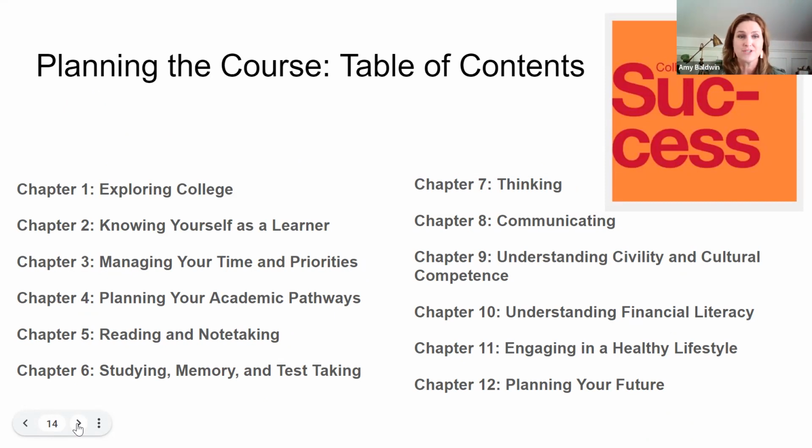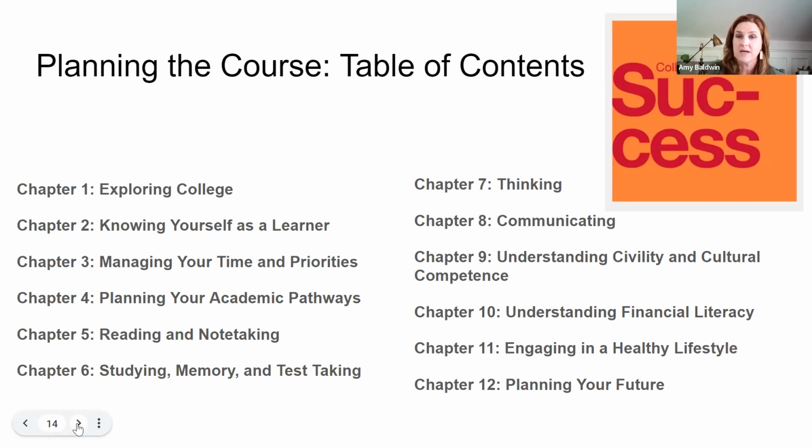I'll give you an example. Chapter 4, planning your academic pathways, does not make sense to me that early in a semester. I always pair it with chapter 12 and 10, and we do it as they start thinking about what they're doing next semester. So definitely you're going to see some chapters that fit very nicely with our course learning objectives.